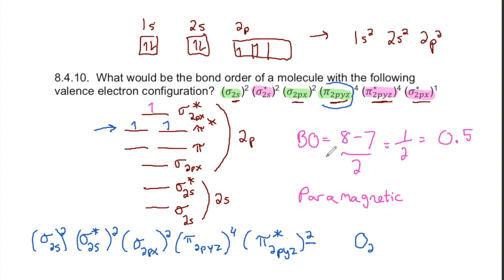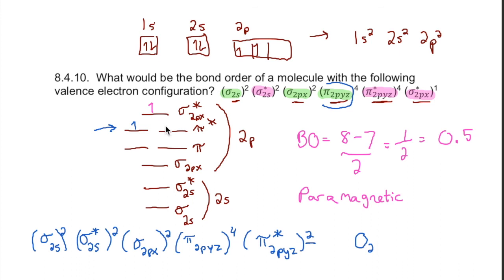So if the sigma has 1, it's going to be unpaired and paramagnetic. Once it's full, it's paired up. The pi orbitals, if they have 1 or 2 or 3 electrons in them, all of those scenarios have unpaired electrons. The only time that it's completely paired up is when it's full with 4.